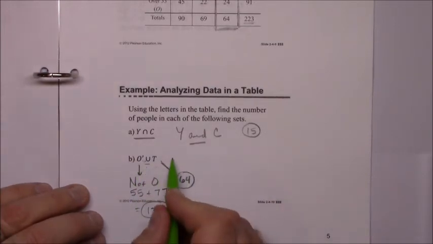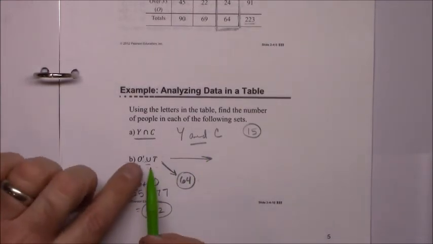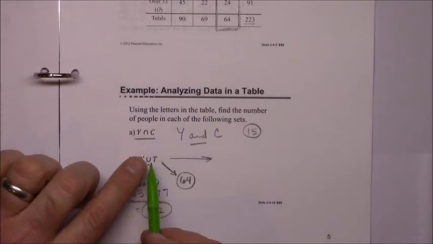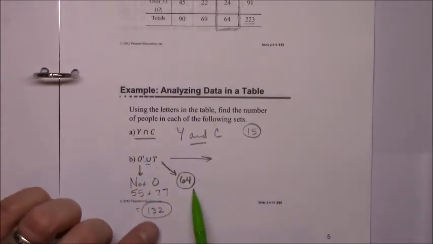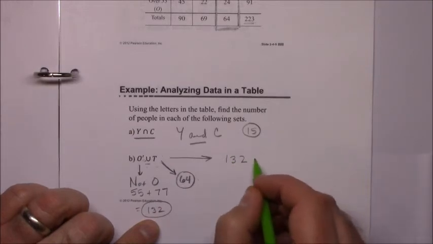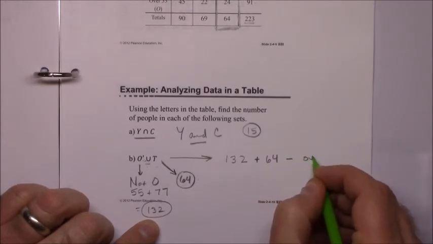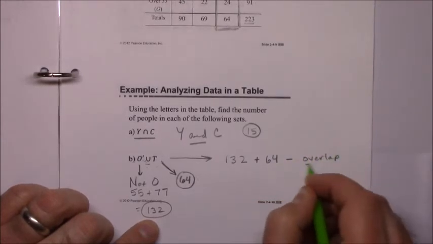So remember, this is what we learned how to do with the previous examples. If I want to know how many individuals are in the union, I add up their totals. So let's take 132 plus the 64, and then minus any of the overlap.